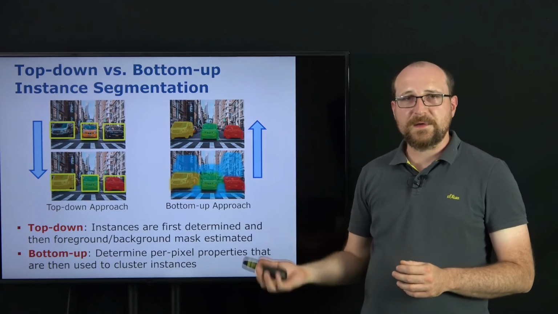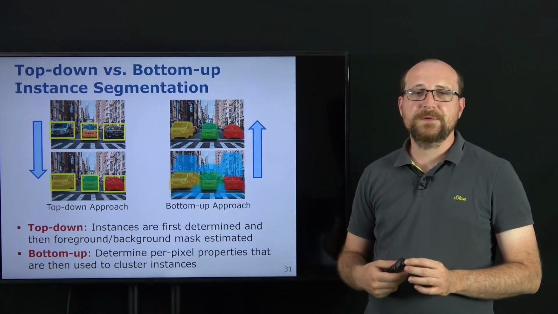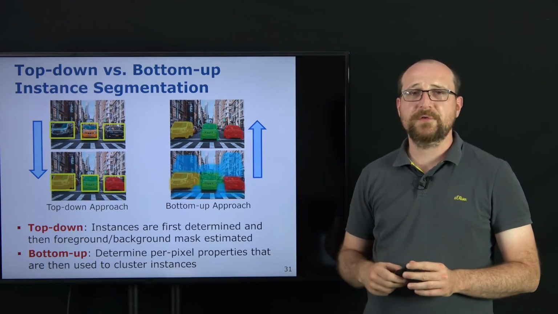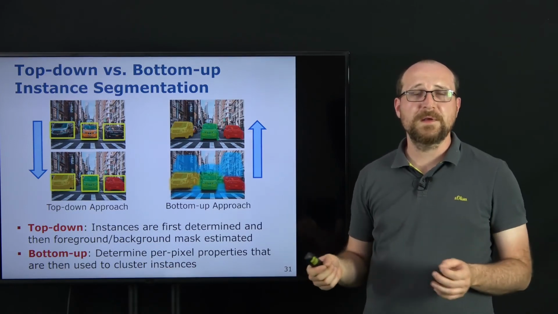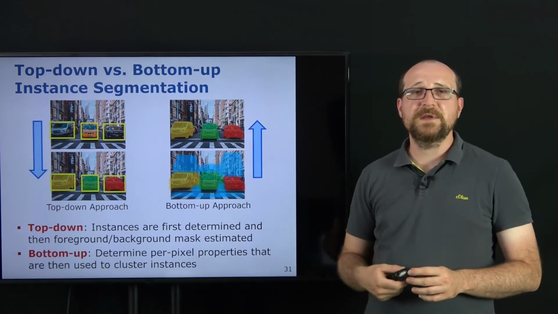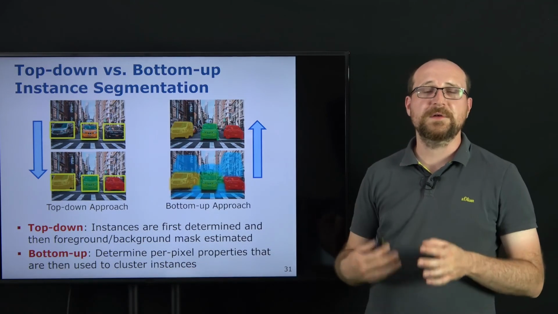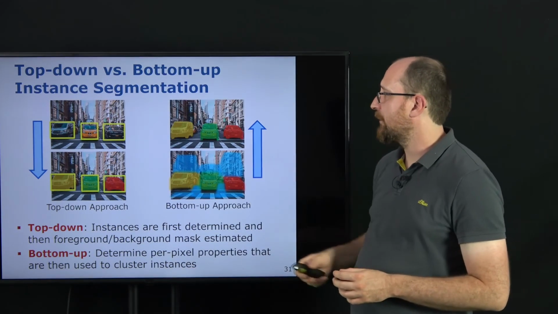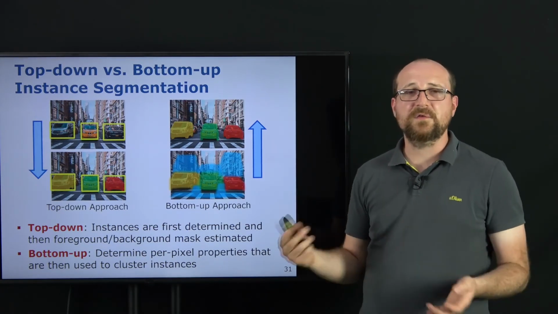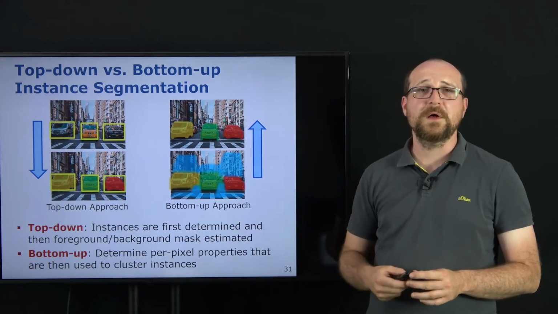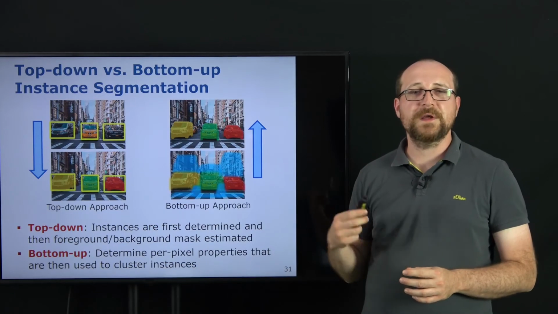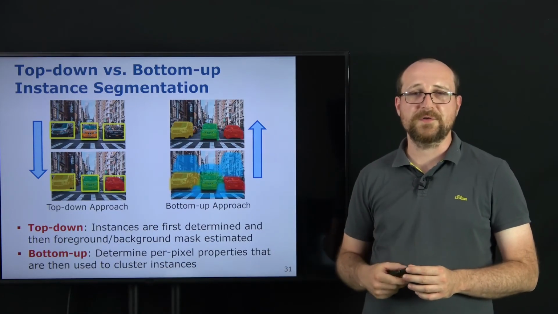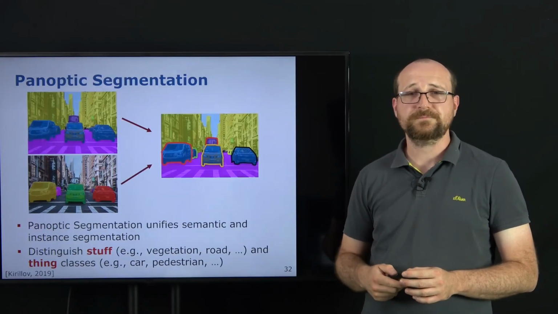And in the other case, where we are using the embedding vector, we have a bottom-up approach. So we are predicting for each pixel a property, and then using this property to cluster the instances back together. This is usually called a bottom-up approach. And these are the two paradigms that we will also encounter when we are talking about panoptic segmentation, which is the next part.